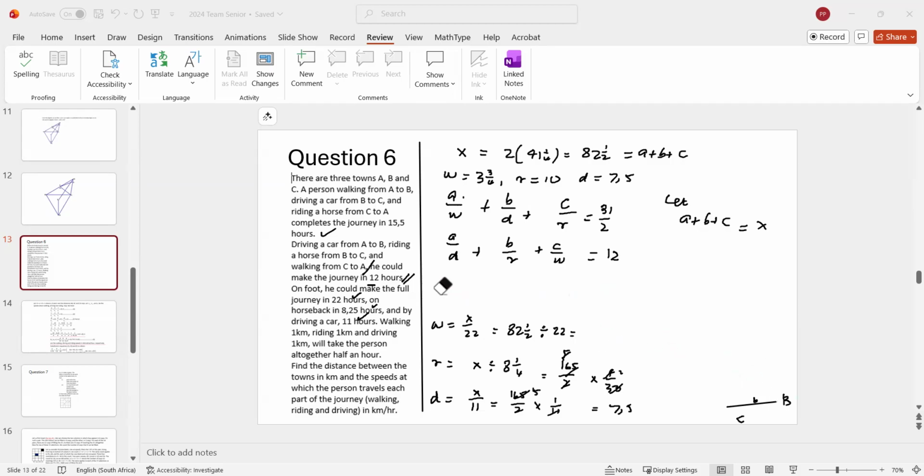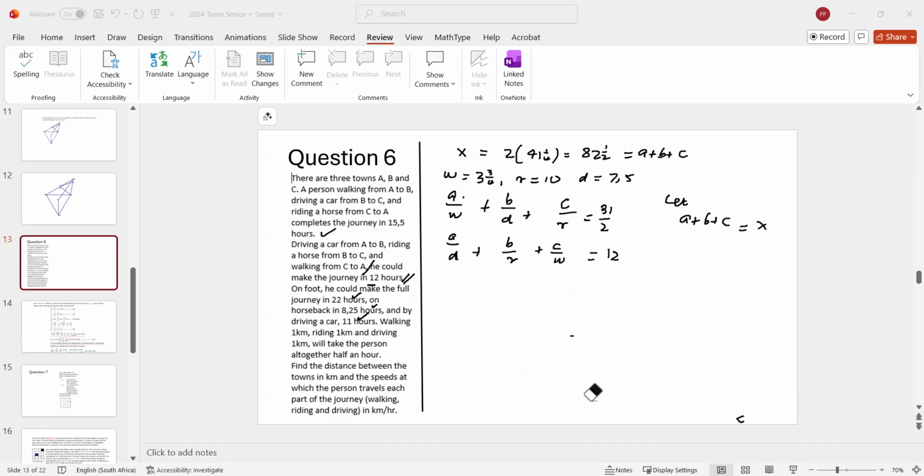I don't even need these two because I've used all of them. I used all these to calculate the W. So now I've got 3 unknowns, A, B, and C. We've got A plus B plus C is 82 and a half. Now here you got A over W. Now W is 3 3/4.